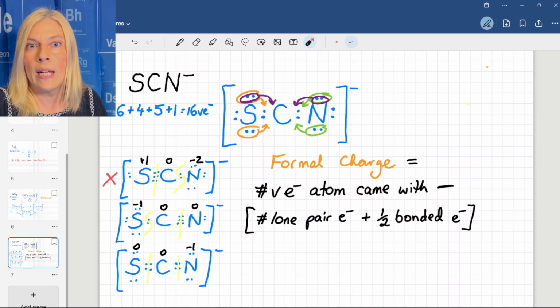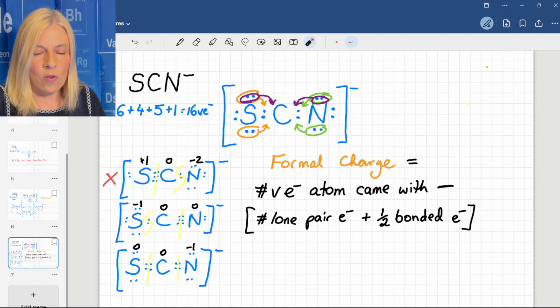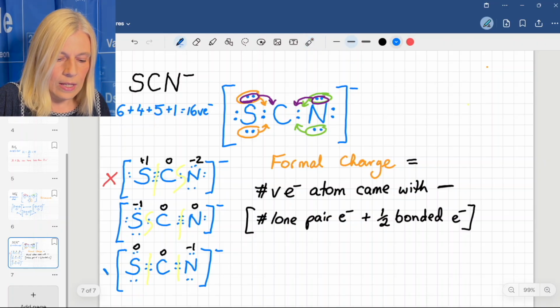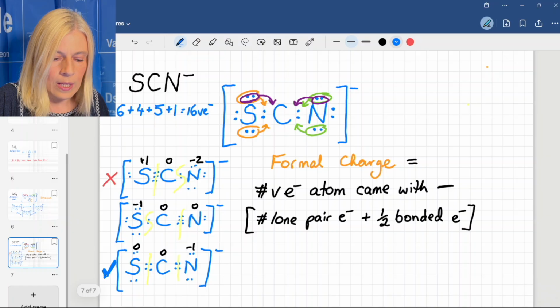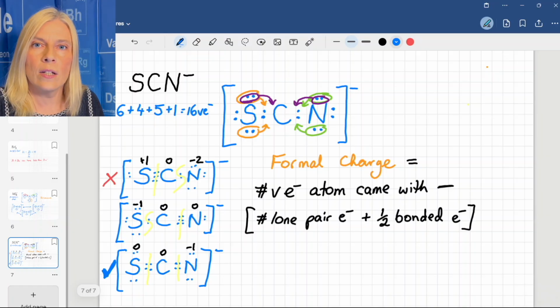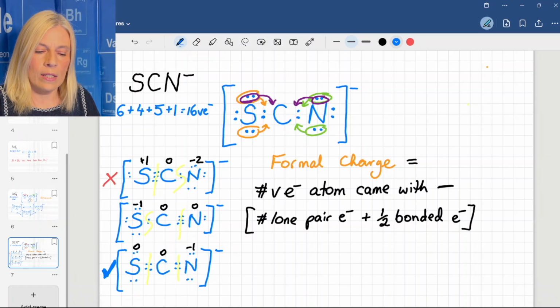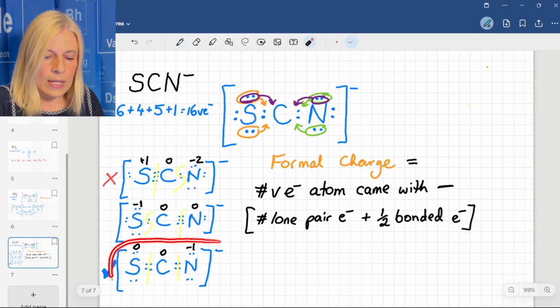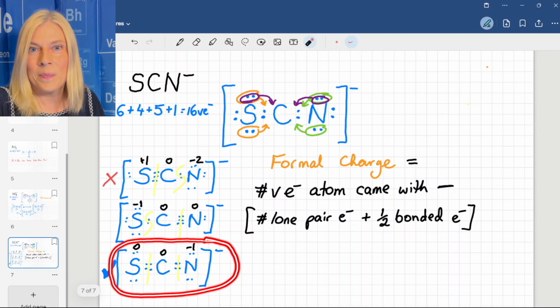And if you look at your electronegativity values, you see that nitrogen is a little bit more electronegative than sulfur. So that means that this right here is my best choice. So there is no resonance here. It's just that the structure number 3, which is this structure right here, is the best choice right here.